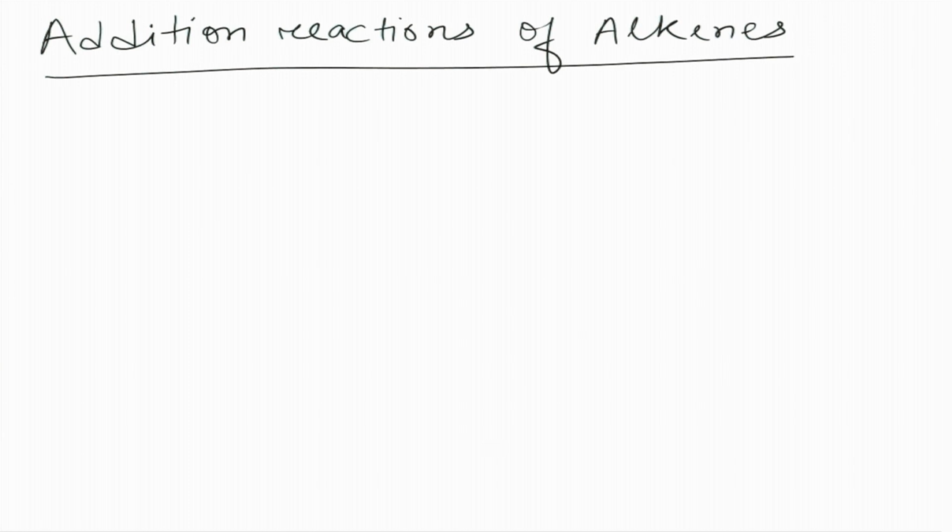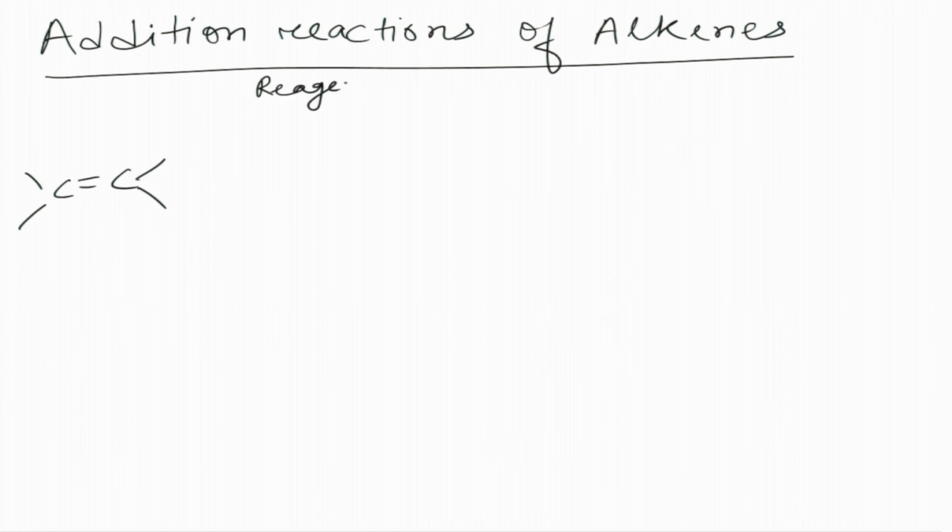Alkenes undergo addition reactions with various reagents and form a variety of products. So, if we design a table, this is an alkene. Okay.